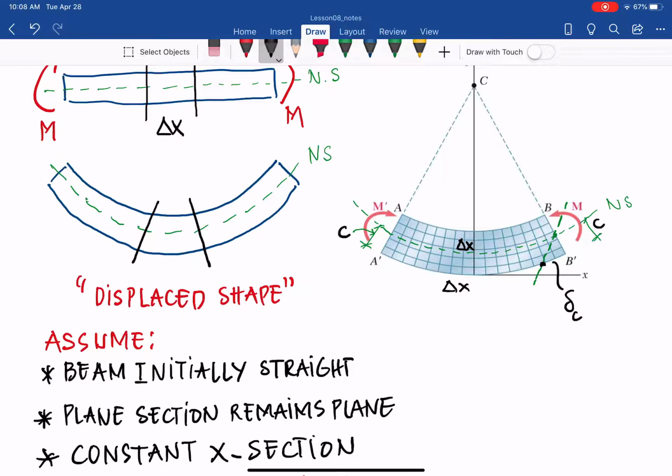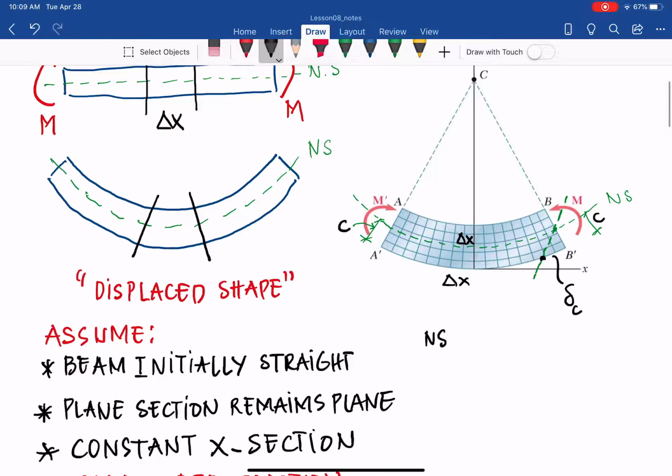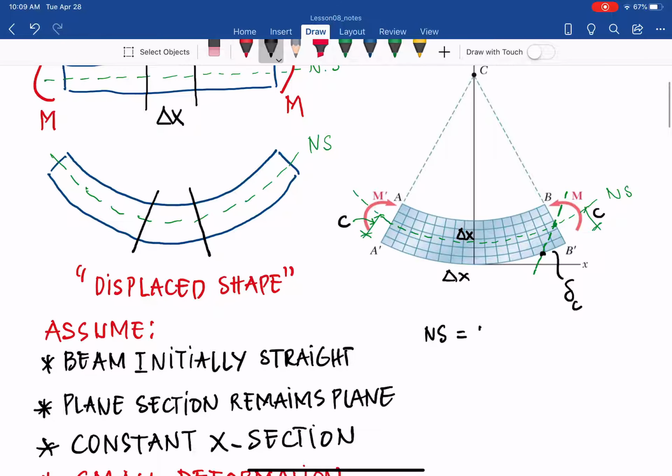Let's get certain definitions in here before we move on. First, NS. As you already know, NA is the neutral axis. Now NS is the neutral surface.